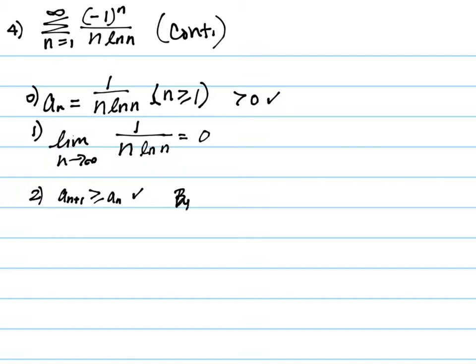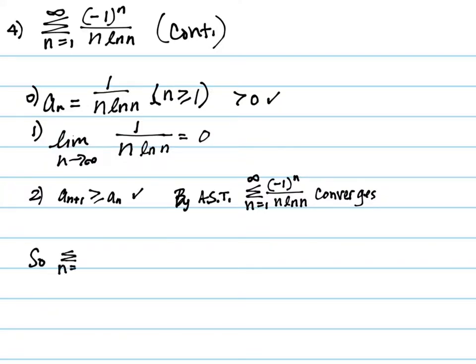So by the alternating series test, the summation from n equals 1 to infinity of negative 1 to the n over n ln n converges. So what that tells us is that the summation from n equals 1 to infinity of negative 1 to the n over n ln n is conditionally convergent.